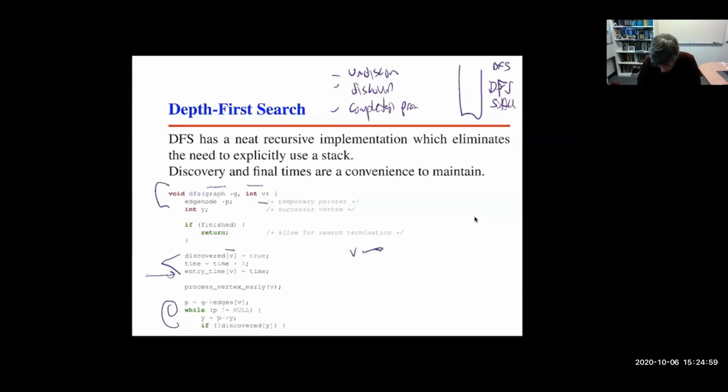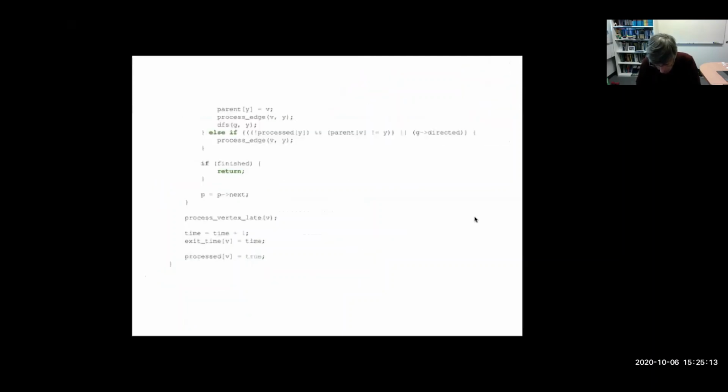And so long as that is not null, meaning there is an outgoing edge, let's consider the edge V comma Y. If Y was not discovered, then we discover it. And so if there was an edge which we looked at from V to Y, the discoverer of vertex Y is V. Does everybody agree with that?